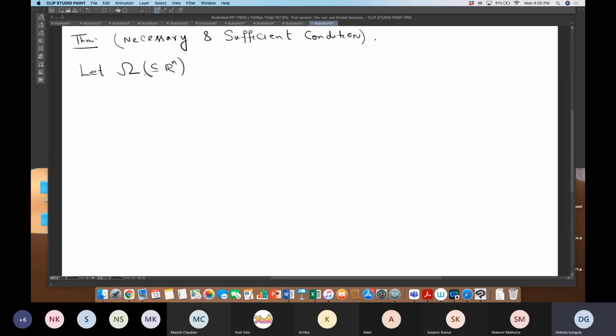Let omega be an open subset in R, and f is C infinity of omega.